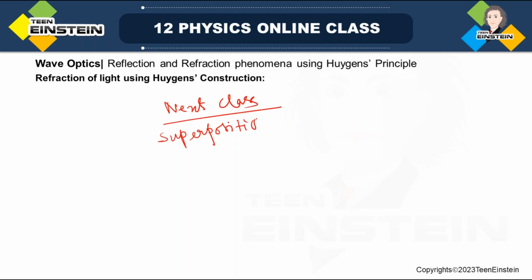We have been discussing the superposition principle in case of vectors and in case of sound waves. So here also we'll discuss it a little bit, and then we'll see what is called interference.